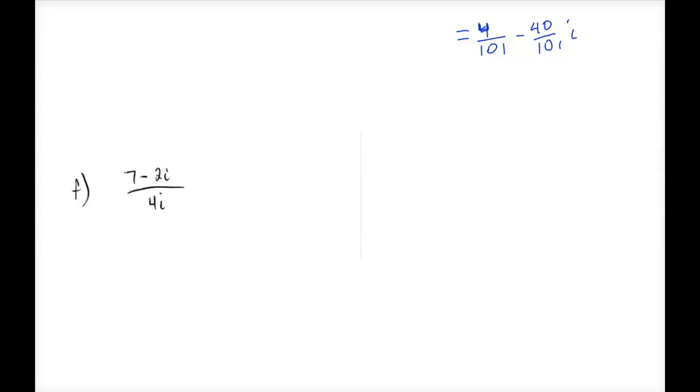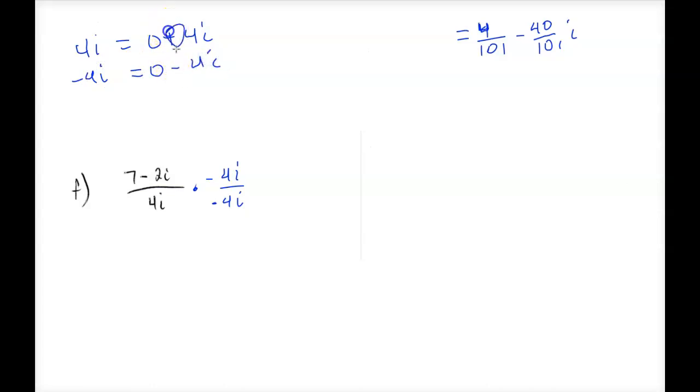Okay, so for our last example for dividing complex numbers, we see in the denominator we have a 4i, so that means we're going to multiply both numerator and denominator by a negative 4i. Because remember, 4i is the same as 0 plus 4i. So minus 4i would be this.